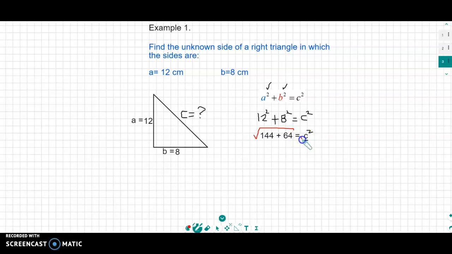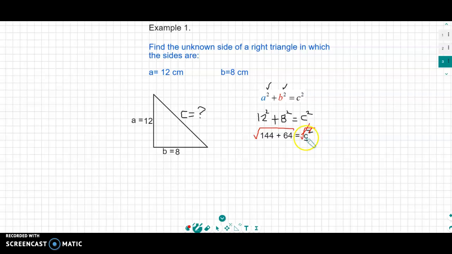When we have the square root of a variable to the power of 2, remember from last lessons that we can cancel the exponent with the root.